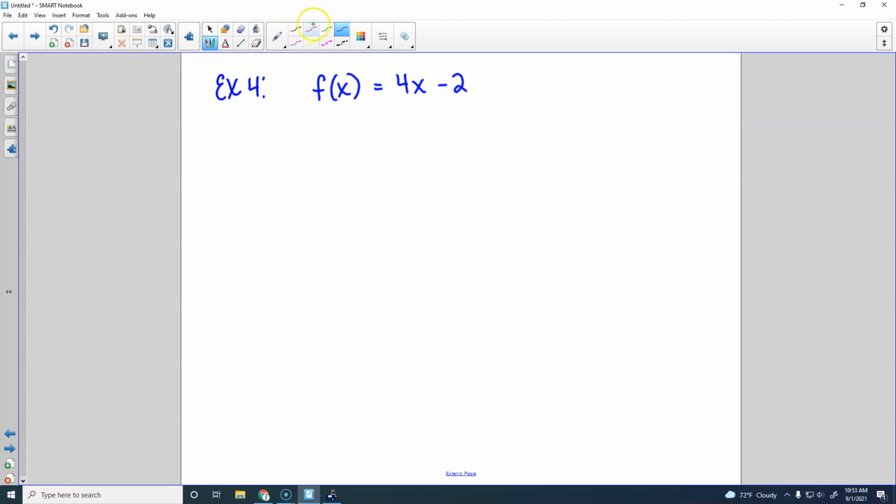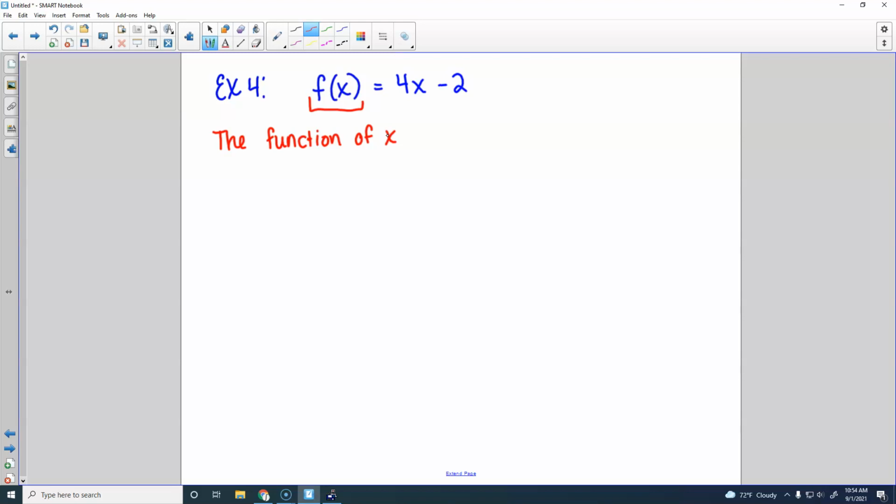Alright, so this right here, we read it as the function of x. For right now, I'm just teaching the notation.